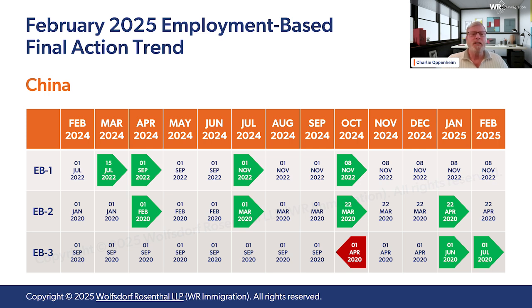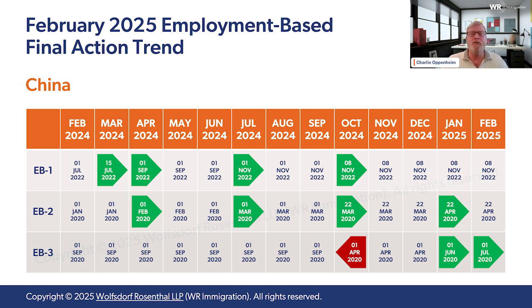Yeah, and it's important to remember that some people that are kind of new to the immigration issues saw the very rapid movement of the final action dates during fiscal 21, fiscal 22, fiscal 23, and to some extent fiscal 24. But the 21, 22, and 23 annual limits were at all-time record highs, and that was an extremely artificial result.